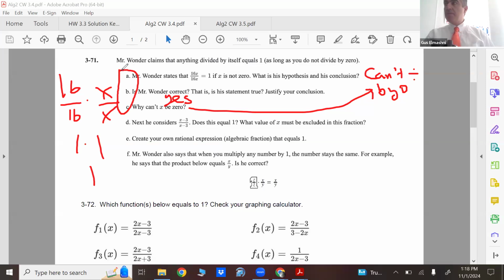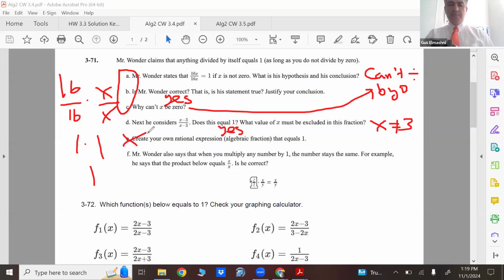Questions? No? All right. Part D. Let's consider the next situation. X minus 3 over x minus 3. Does this equal 1? Yes. And what must be excluded? X cannot equal 3. Does that make sense also? Okay. Cross off E. That's just kind of stupid.